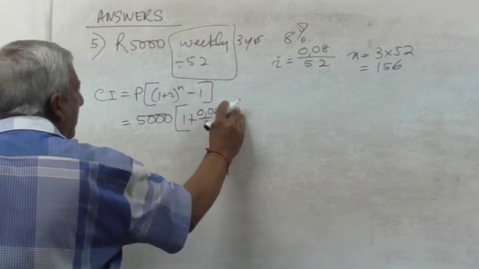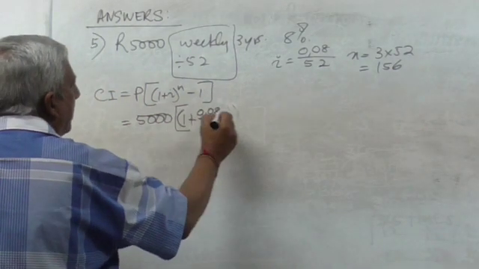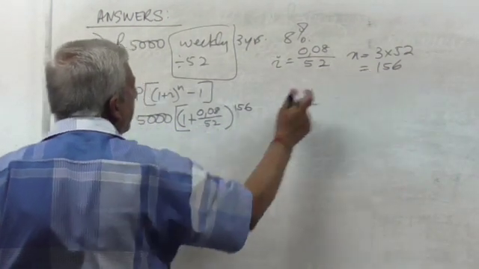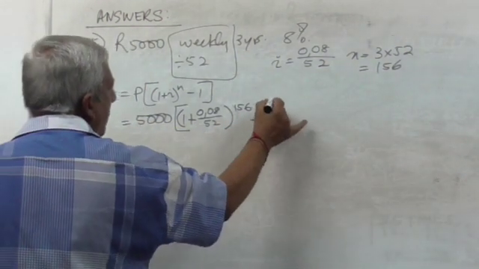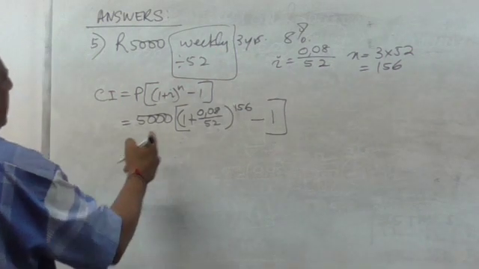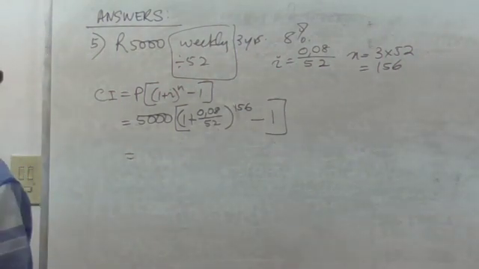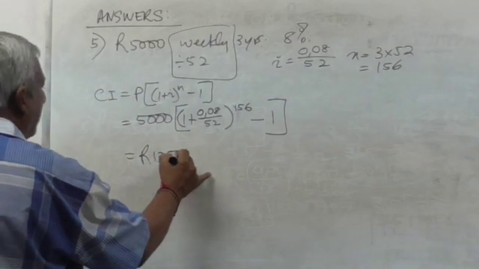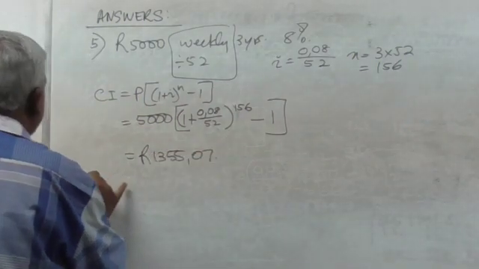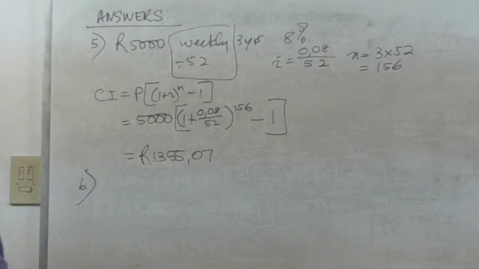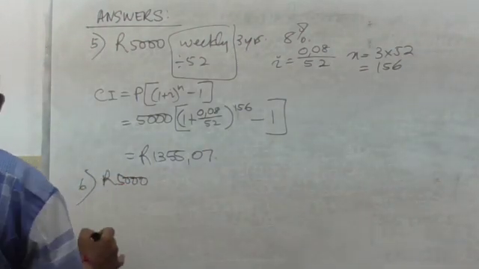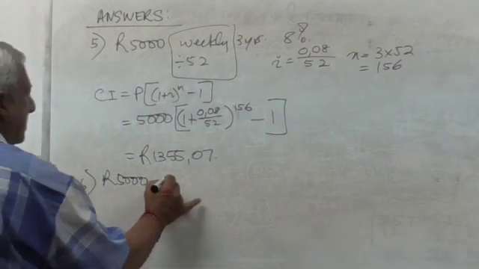No, sorry, this will be a round bracket here, to 156, we're getting it from there, minus 1. And when you put that in the calculator, you end up with 1355,07.